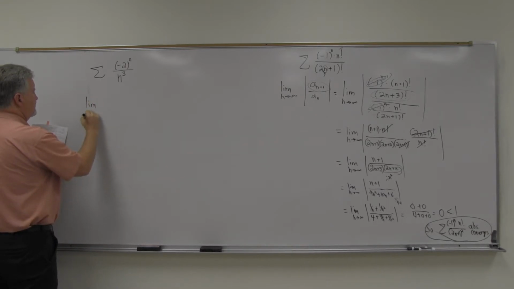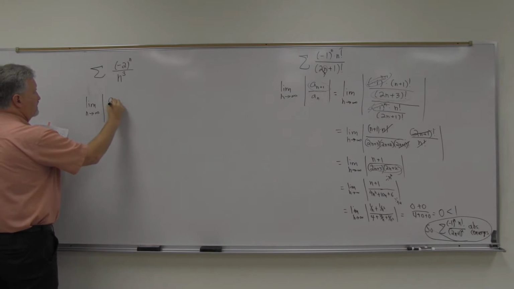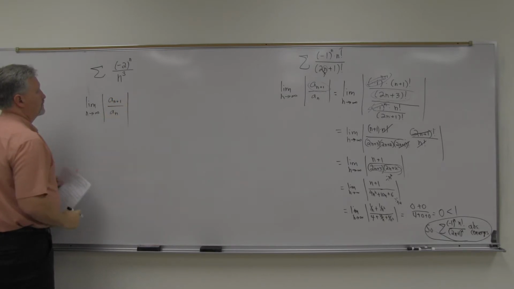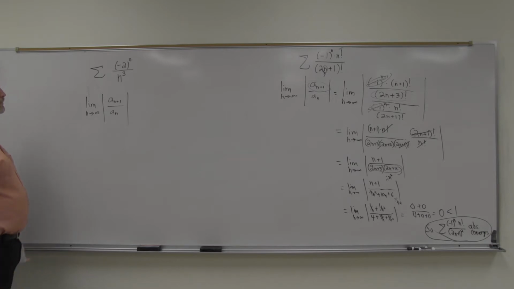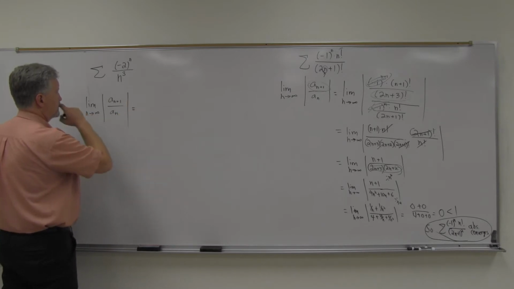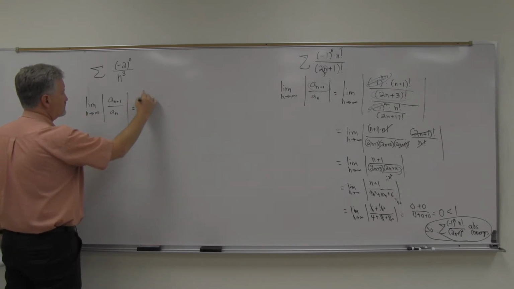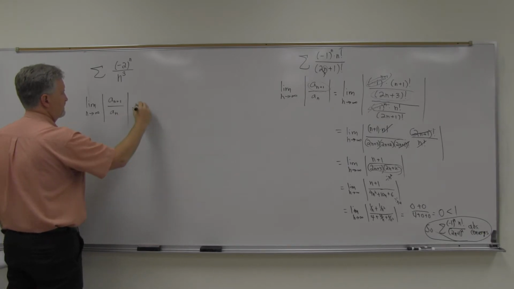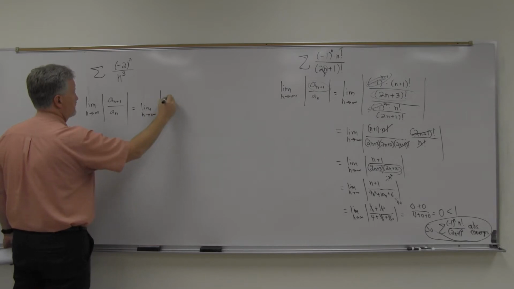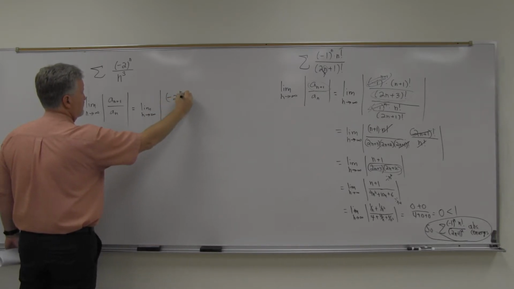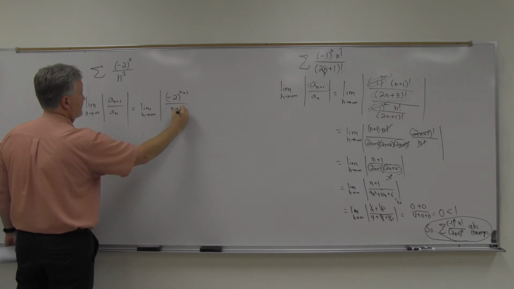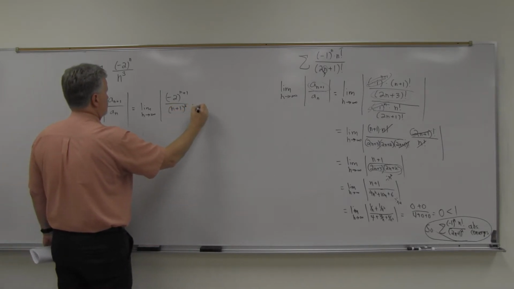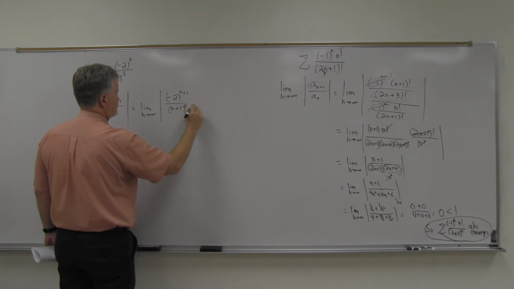So let's look at the limit as n goes to infinity of a sub n plus 1 over a sub n. All right, so that would be the limit as n goes to infinity of the absolute value of -2 to the n plus 1 divided by n plus 1 cubed, divided by a sub n, which means multiply by the reciprocal.